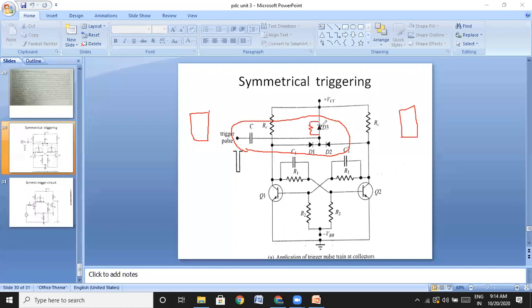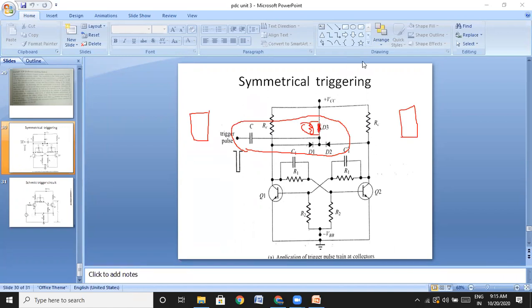We use this diode from the resistance point of view only, not for switching on and off. If this diode is in forward bias, it offers a certain amount of forward resistance. If it is in reverse bias, it offers a certain amount of reverse bias resistance. Therefore, in some cases they replace this diode by a resistor.